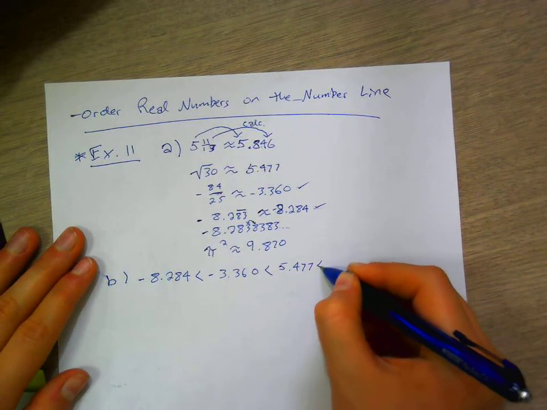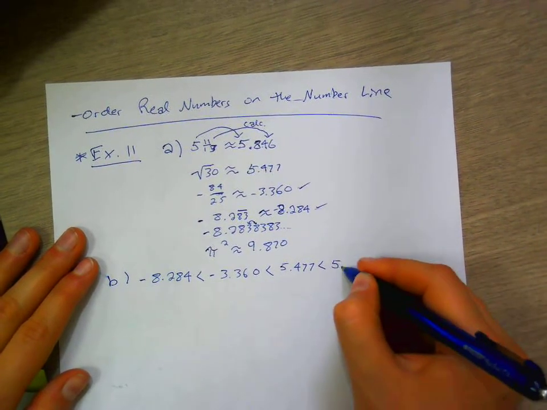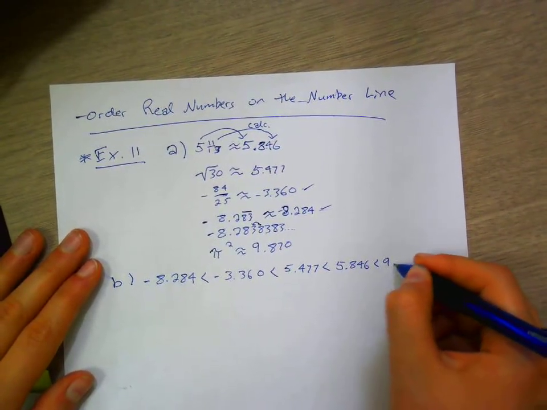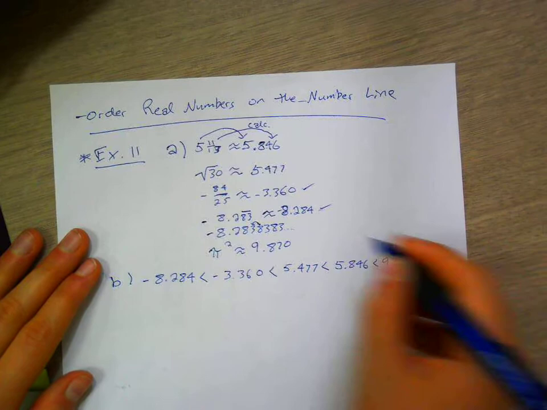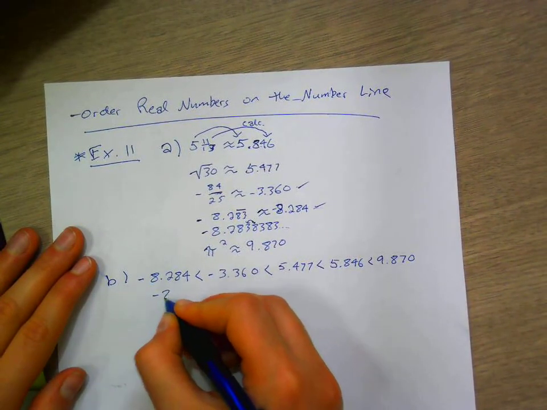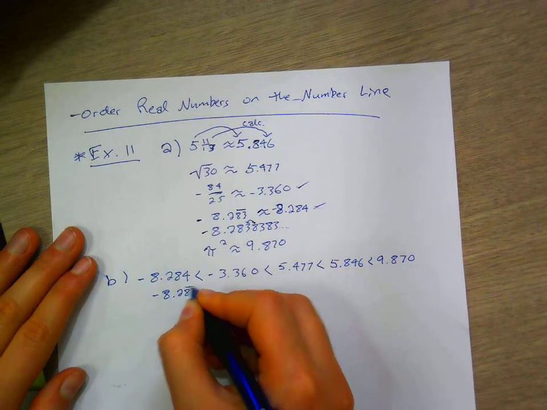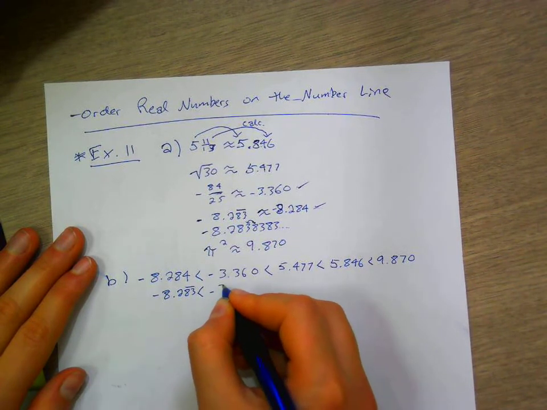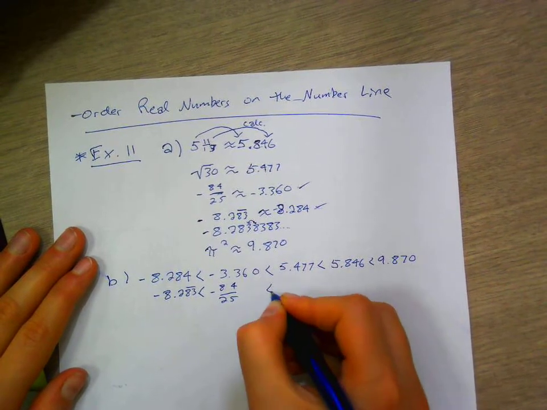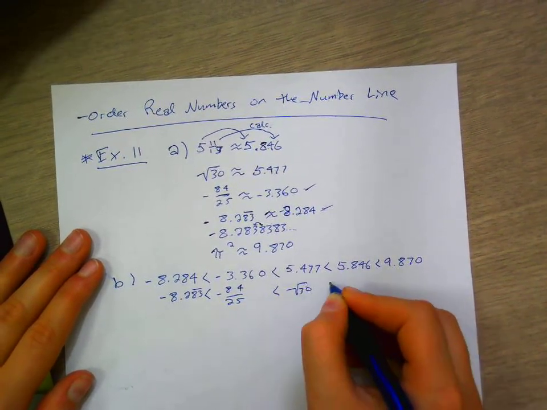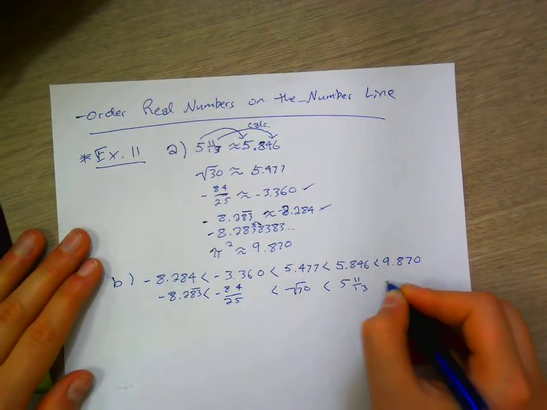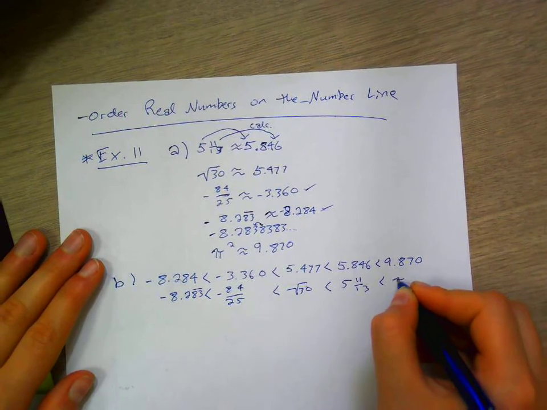Next one's going to be the other 5.846. Next one is going to be the pi squared, 9.870. We're going to put in their original forms, which gives us negative 8.283 repeating, negative 84 over 25, square root of 30, 5 and 11/13, and pi squared.